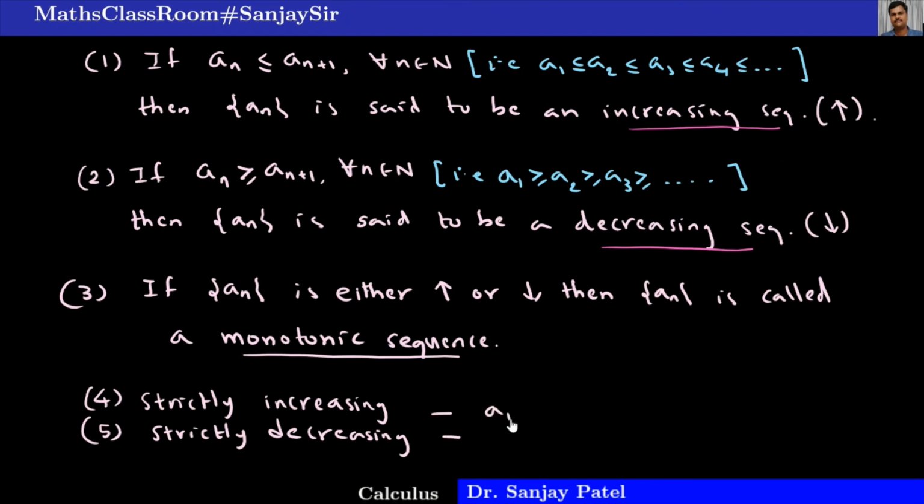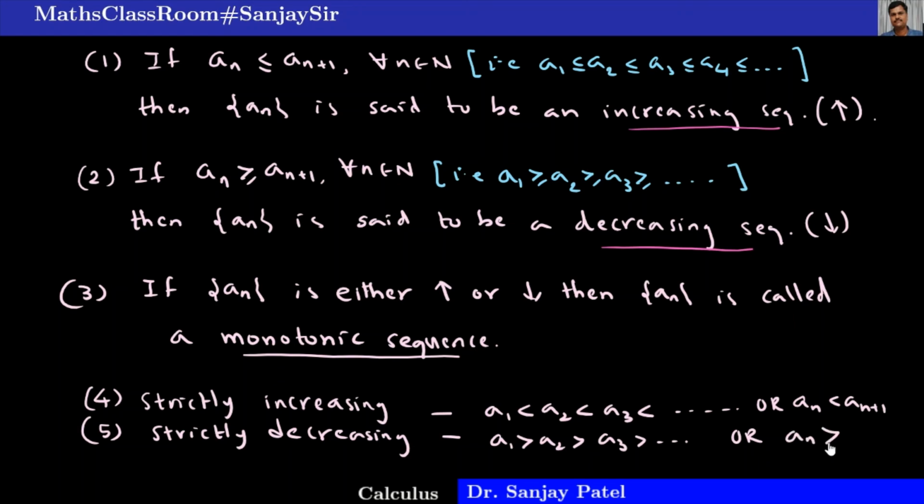If we have a1 less than a2 less than a3 like this, then such a sequence is called strictly increasing. We can also write this condition as an is less than an plus 1. For a strictly decreasing sequence, if you have a1 greater than a2 greater than a3 and so on, or equivalently you can say an is strictly greater than an plus 1.